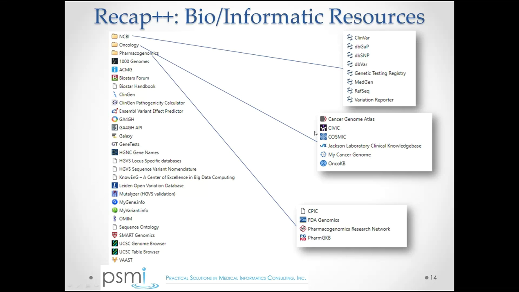When we talked about cancer, we focused primarily on the My Cancer Genome site because that was just the site for the example, but all of these are complementary, and at least many of these are working towards this same notion of actionable somatic variants, whereas some of these, like the Cancer Genome Atlas and the Jackson Laboratory Clinical Knowledge Base and COSMIC, their focus is more on bioinformatics and research, collating all of the different mutations that are seen, whereas things like OncoKB and My Cancer Genome, their focus is more clinical, helping clinicians interpret what to do when their particular patients have different somatic variations.